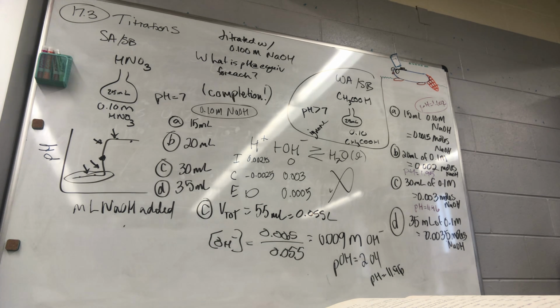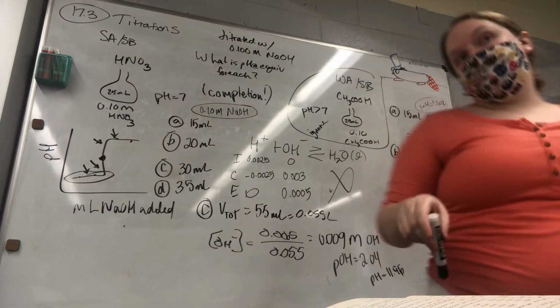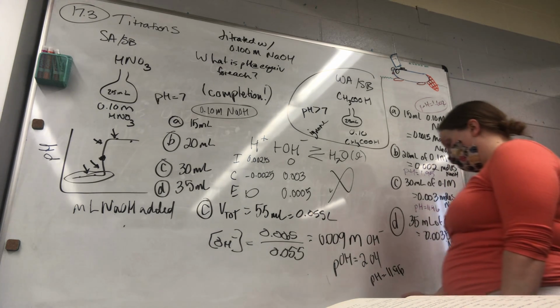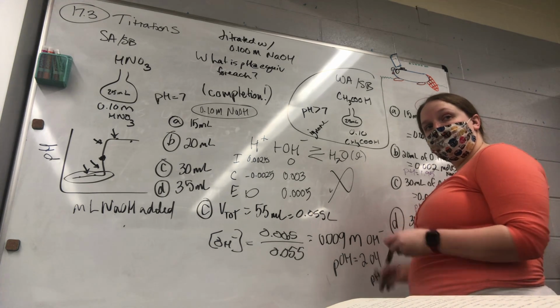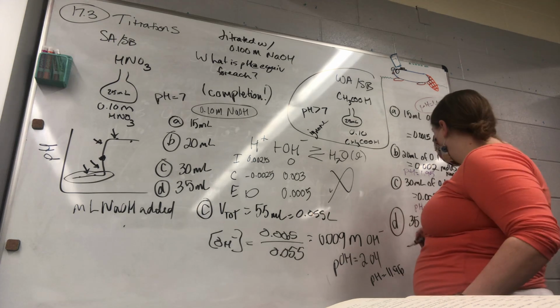Yeah, you definitely could. No, you don't have to do that. You gotta find the pH. What'd you get? I don't know if this is right. Is it 12 something? Oh yeah, it's like 12.3.